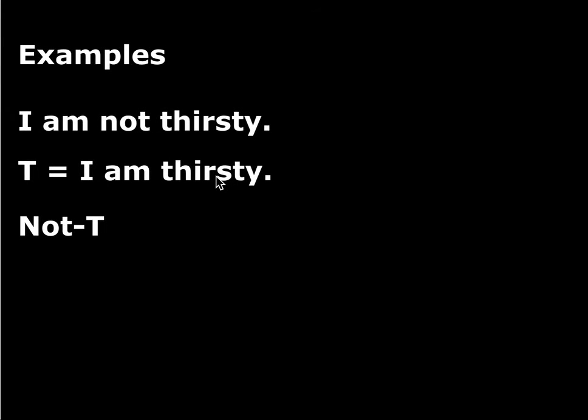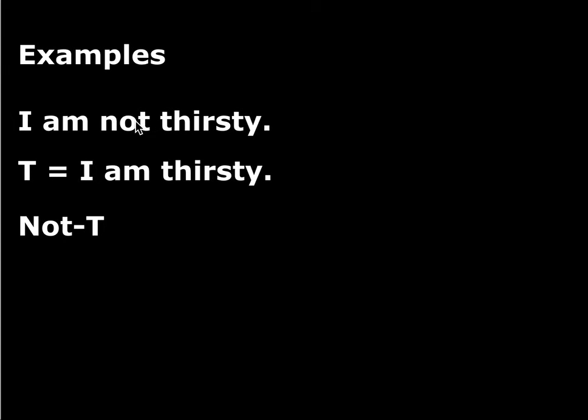Usually I'll give you compound statements, and this is a compound statement. But what's the atomic statement? Well, it's got a negation in it, so the atomic statement is the non-negated version: I am thirsty. If we assign the letter T to I am thirsty, we can translate that as not T. What I'm doing now is rewriting the statement I gave you, plugging T in for the atomic statement.